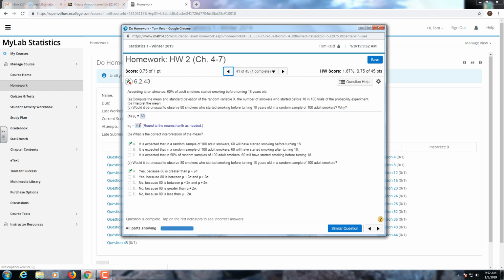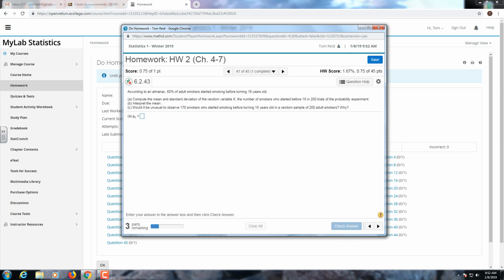So I did pretty good on that problem anyway, but let's suppose I'm a perfectionist and wanted to get it absolutely correct. Even after all of those hints and helps, you can click on do a similar question. The context will be similar, though sometimes they're a little bit different, and you get another shot at it.